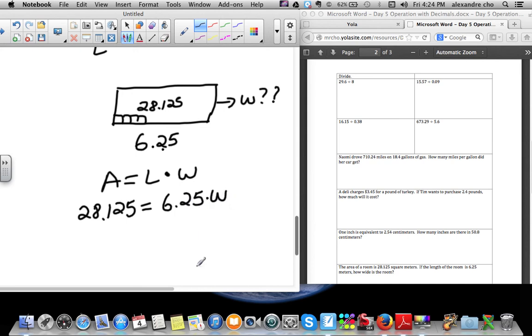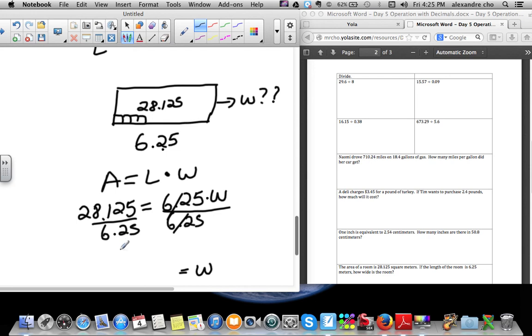You want to isolate the variable, so you want the W to be all by itself. What are you going to do? Divide this by 6.25 and this by 6.25. These two cross out, and 28.125 divided by 6.25 should give you whatever number that is.